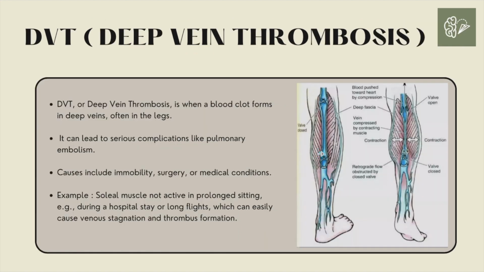And then finally, the last clinical relevance of the lower limb is DVT, also known as deep vein thrombosis. Deep vein thrombosis happens when the blood within the vein clots. So it forms a clot, and this small clot could travel and form a pulmonary embolism, which is a more serious complication. This usually happens when there's immobility, surgery, or medical conditions in which the patient has not been moving.